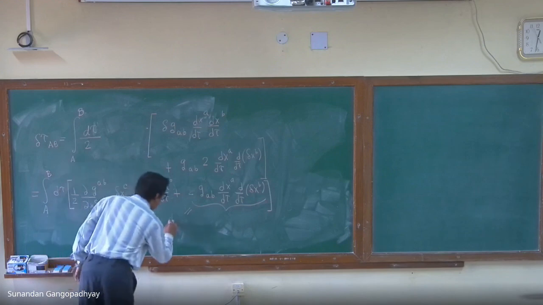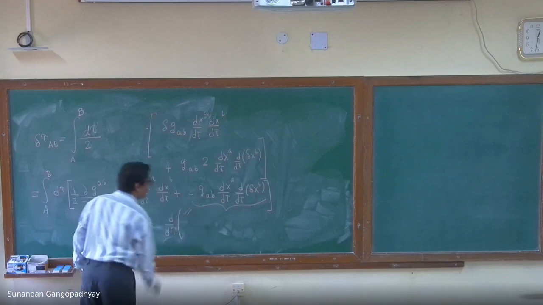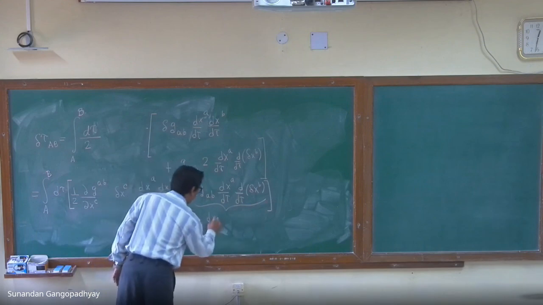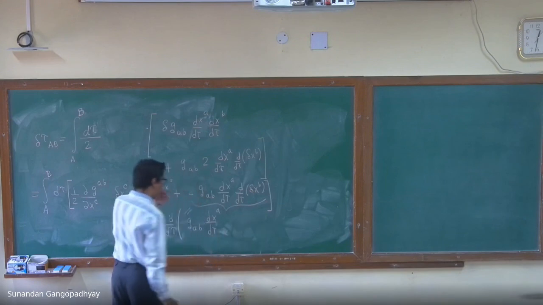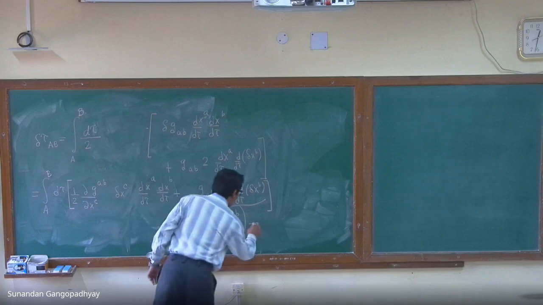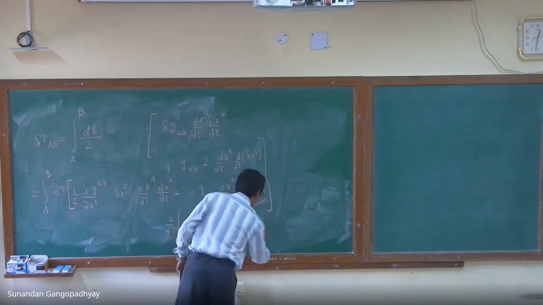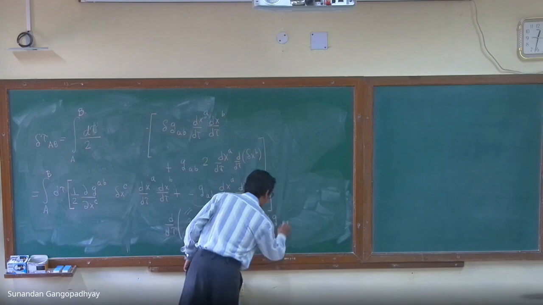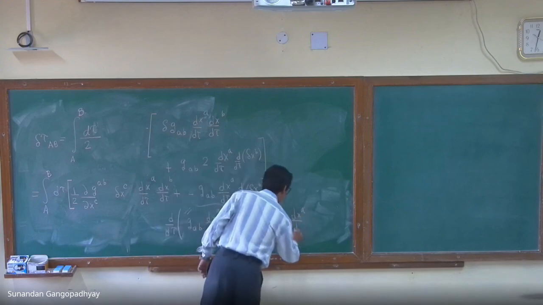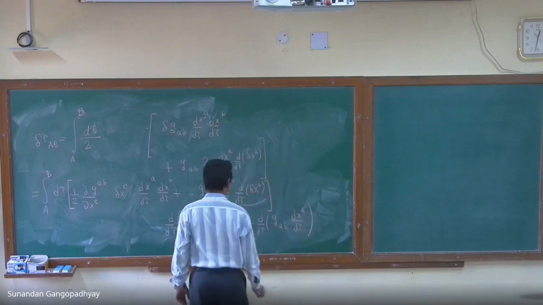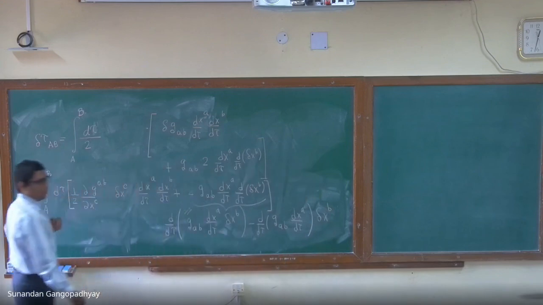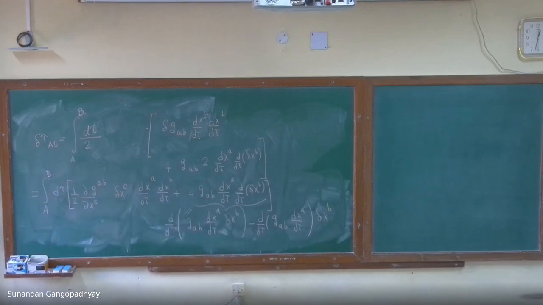So now what I shall do is write this as d d tau of GAB dxa d tau delta XB, minus d d tau of GAB dxa tau. Write it in this way. It's a total derivative.